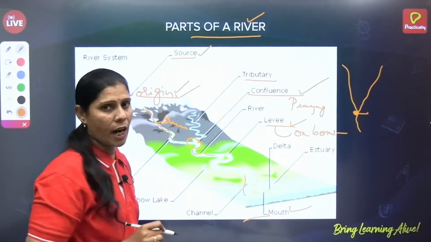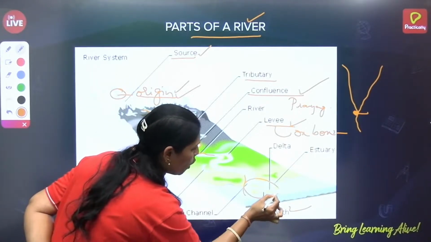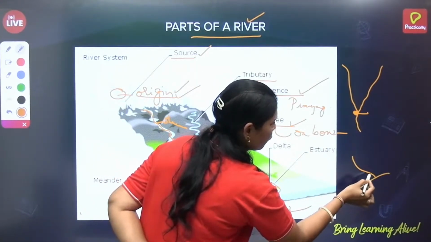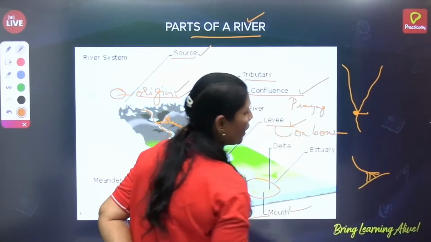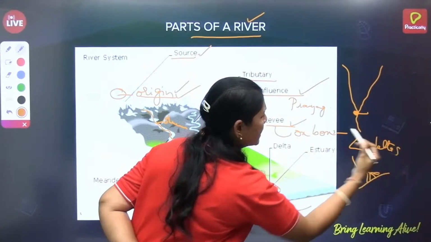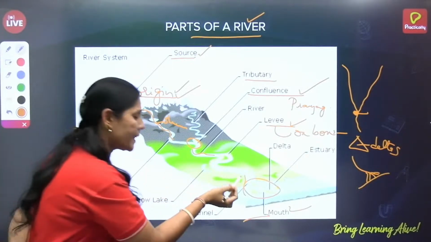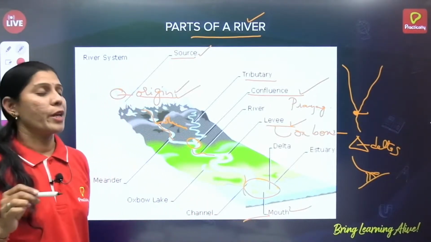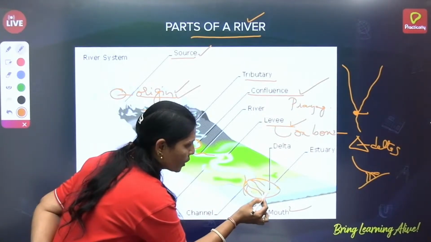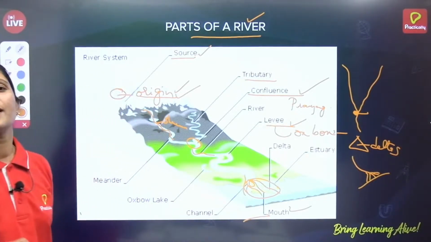In the course of its journey, at the end near the mouth, some rivers form triangular landforms while ending their journey. We call these lands deltas. These triangular landforms are formed by the distribution of the river into distributaries, where the water is distributed among different areas, and these triangular landforms we call a delta.